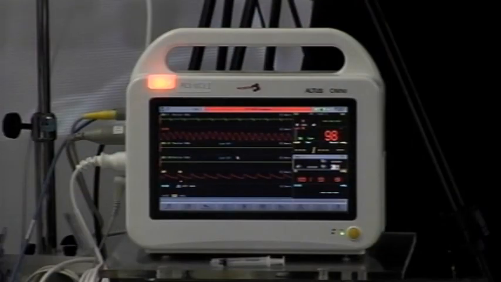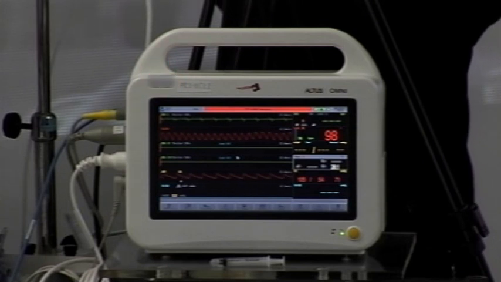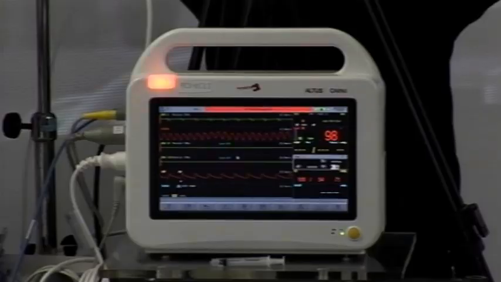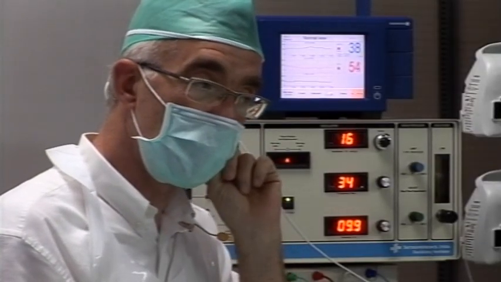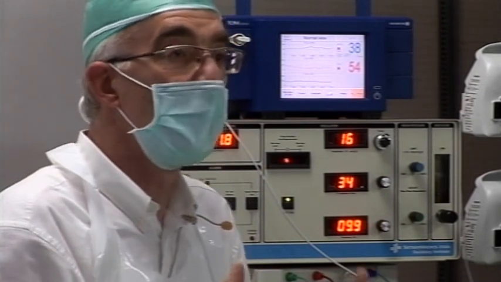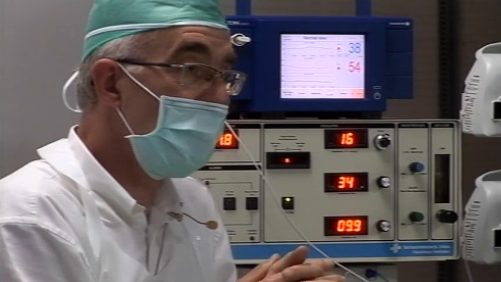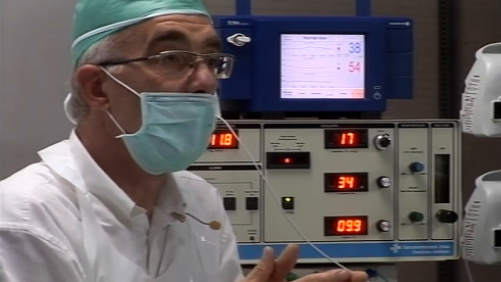Initially we were quite excited, but we rapidly became afraid to keep using it, because we easily had air trapping with the system, but most important, we had no way of monitoring what we were doing on the respirator. It was just like working blindly.